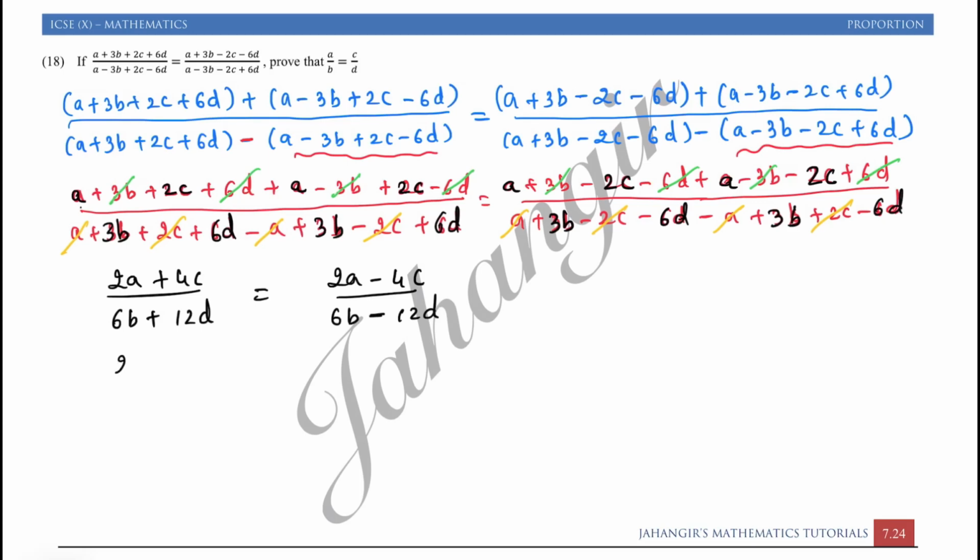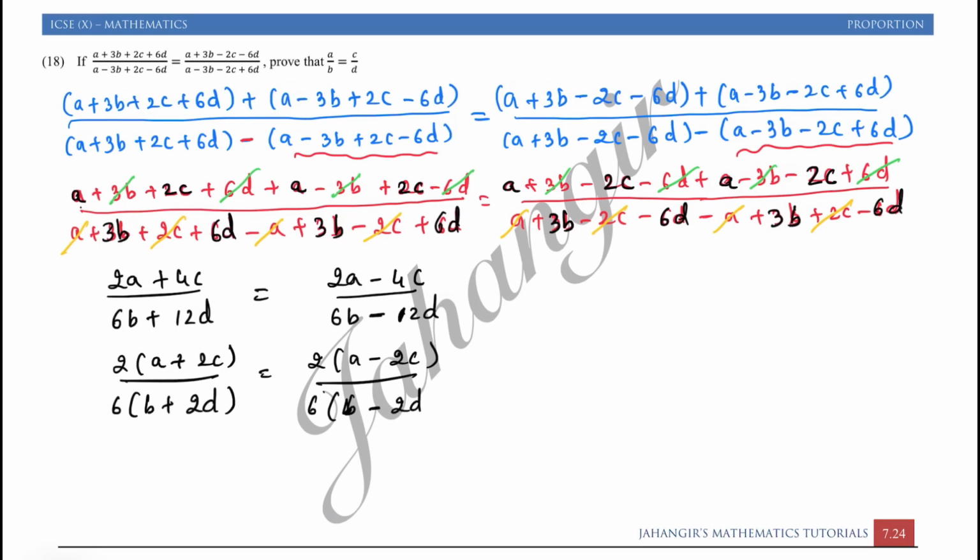So here I will first take out 2 common from the numerator, a plus 2c, 6 common from the denominator, b plus 2d, 2 common, a minus 2c upon 6 common, b minus 2d. So as you see, I can cancel 6 and 6, 2 and 2.